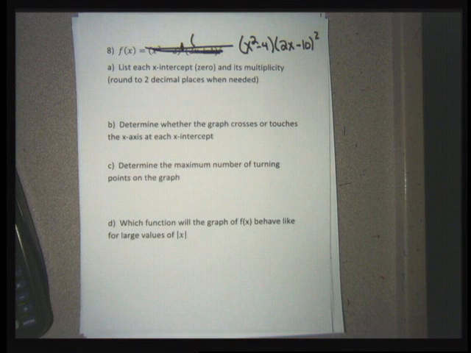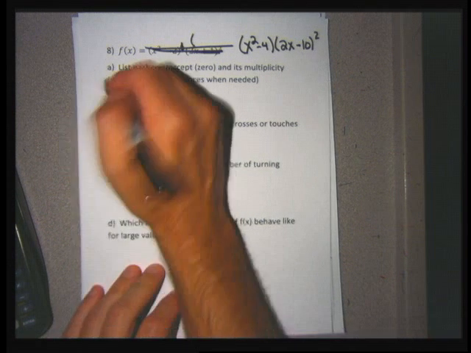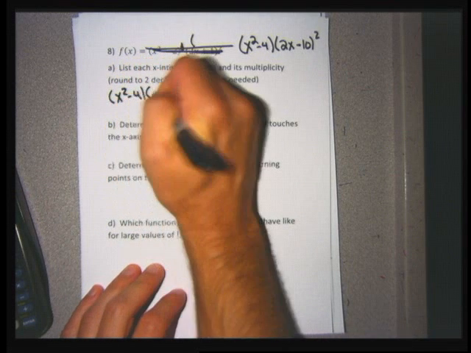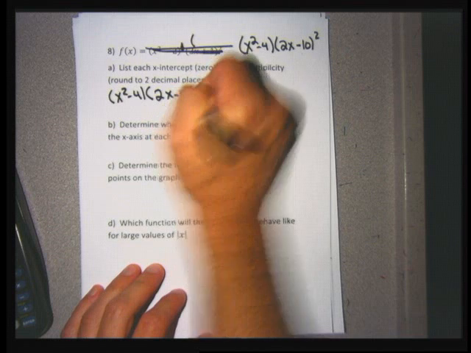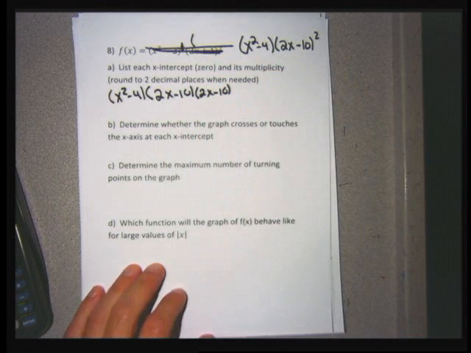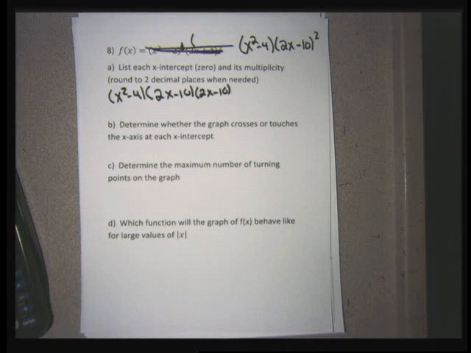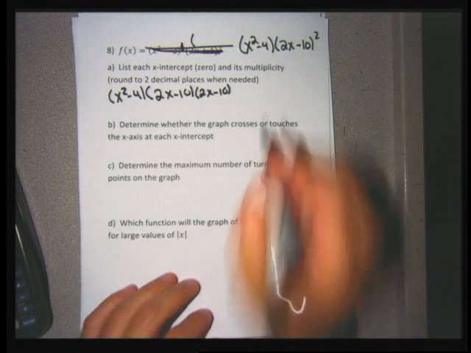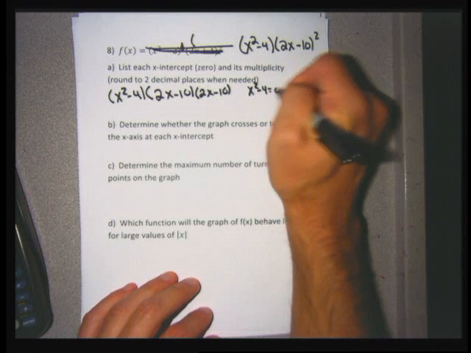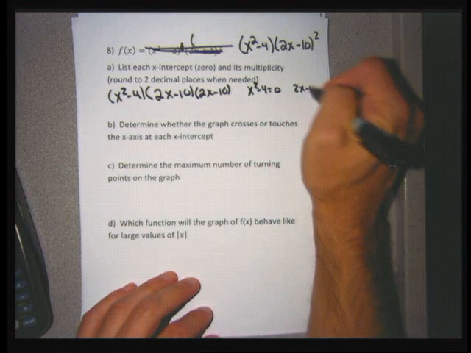I'm starting to visualize the algebra and just seeing that wasn't going to be good. So I'm going to find the zeros and the multiplicities by expanding this, going x squared minus 4 times 2x minus 10 times 2x minus 10. I'm going to set each of the factors equal to 0. Bugs the heck out of me that I didn't leave myself enough room to do this. But the two factors are x squared minus 4 and 2x minus 10.